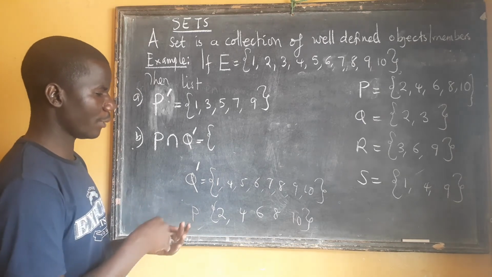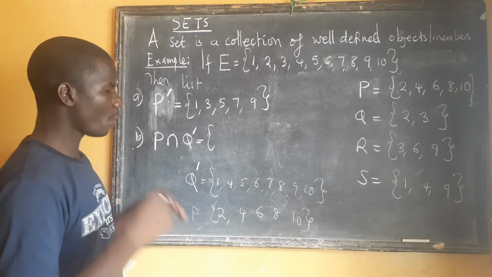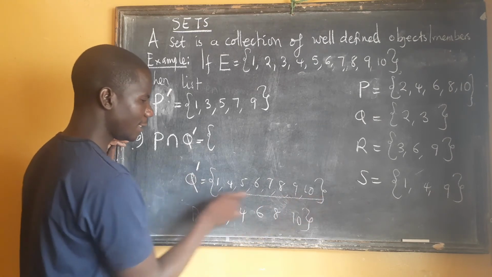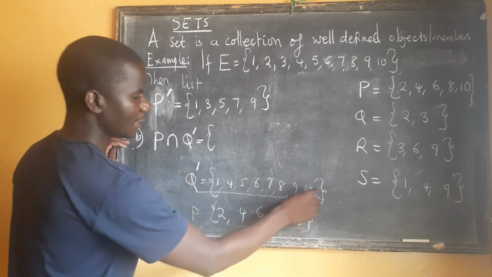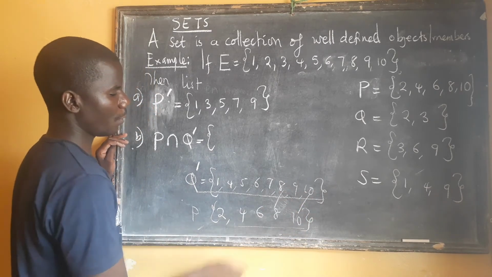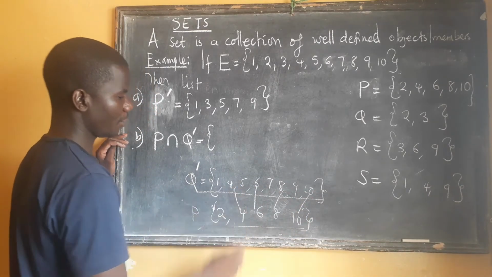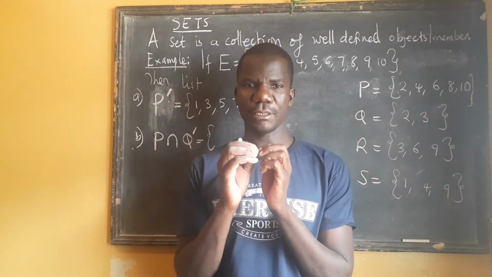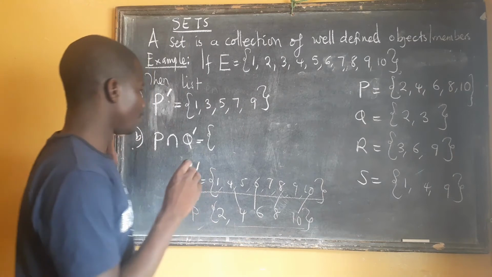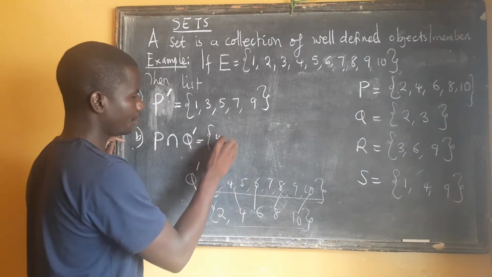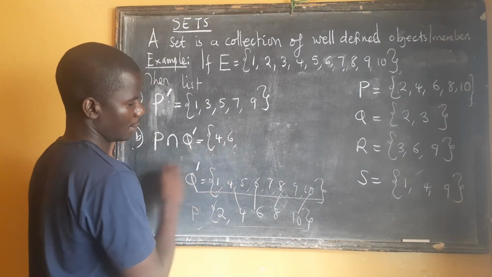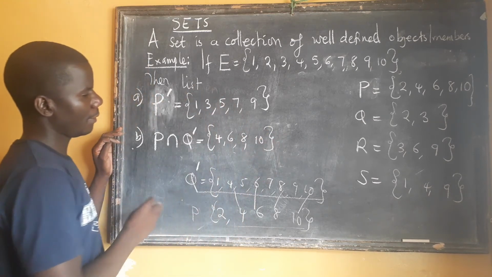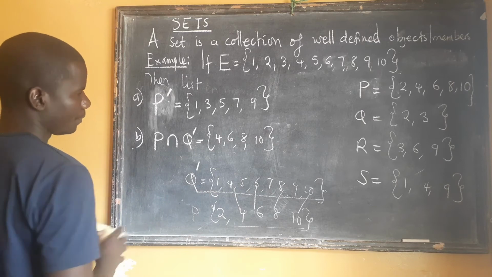What is in this set and this one? 10 is common, 8 is common, 6 is common, 4 is common. The elements that are found in both sets. So we have 4, 6, 8, and 10. This is what is going to be our answer.